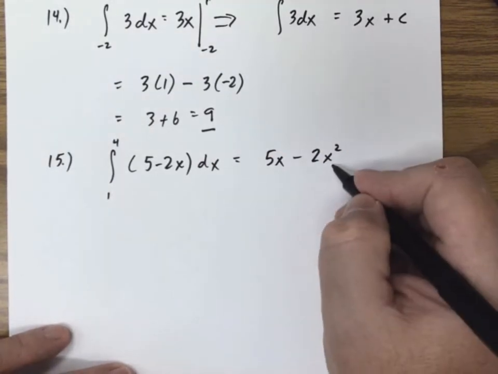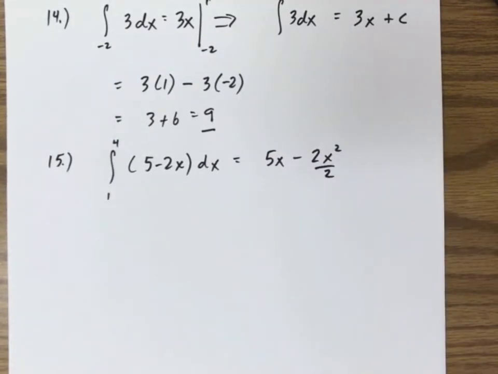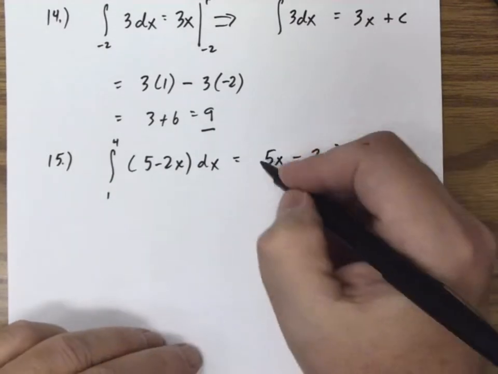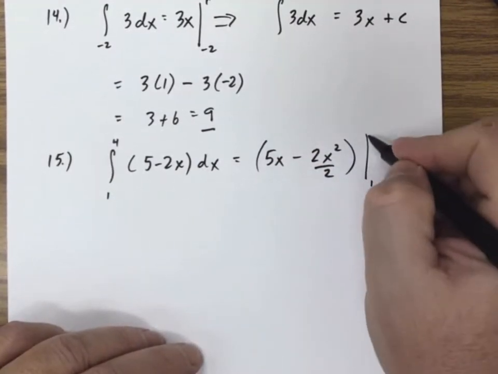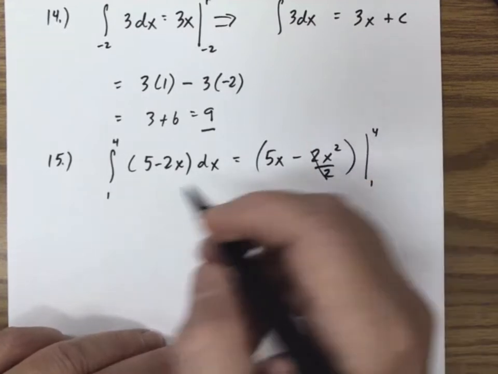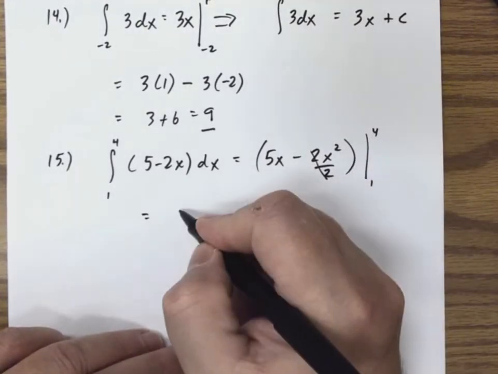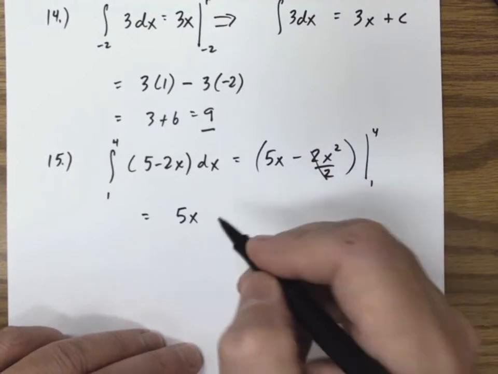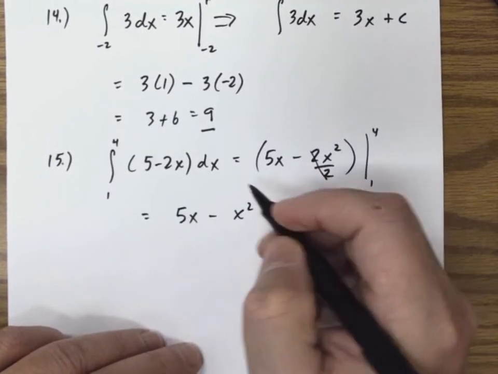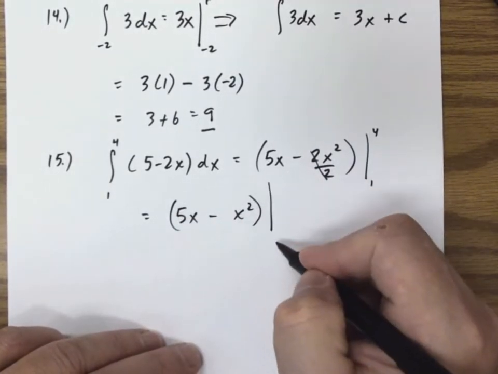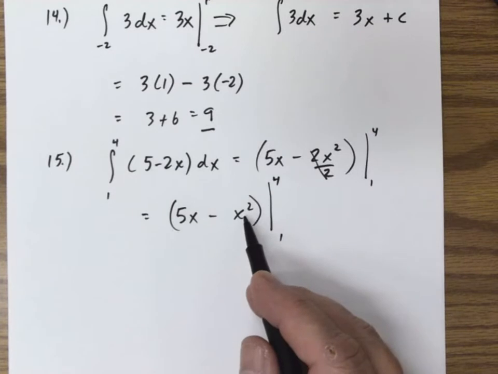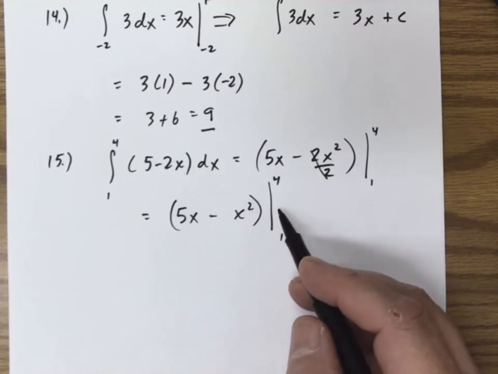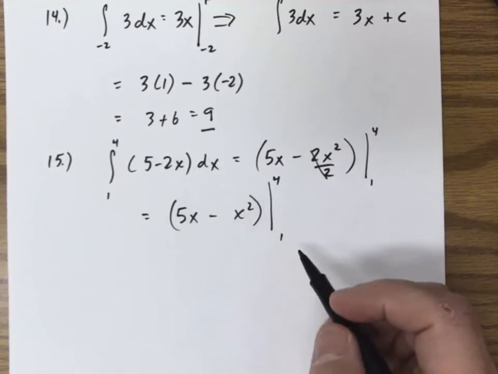Add 1, you divide by the new, and I'm going to go from 1 to 4. Let me just write this to make it very clear. So that's what I have. I took the integral, it's 5x minus x squared, but I'm going to evaluate it from 1 to 4.